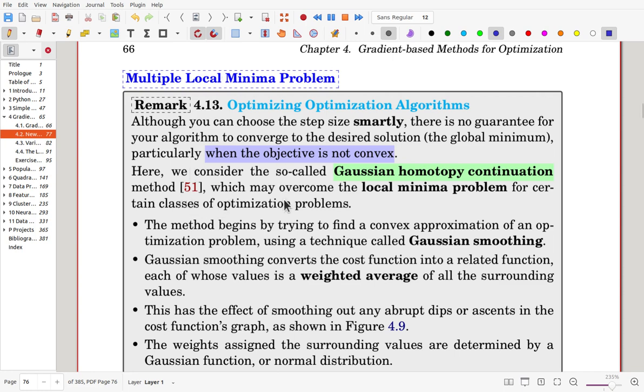But you can overcome the problem for some cases by using so-called Gaussian homotopy continuation. Here, the method begins by trying to find a convex approximation of the optimization problem, and that is called Gaussian smoothing.